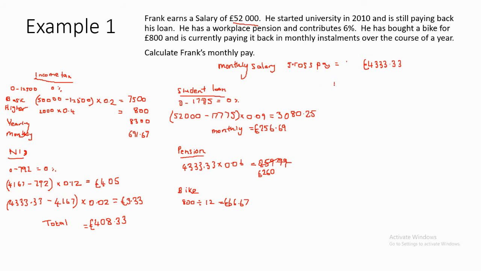Okay, so this is the income. We've then got our deductions. Of 691.67. That's income tax. I'll shorten that to IT. Got national insurance for 408.33.